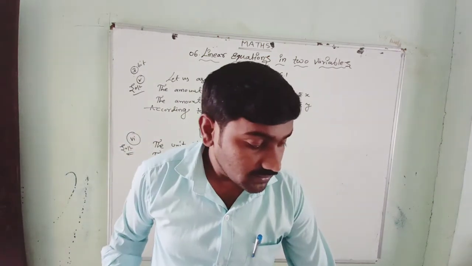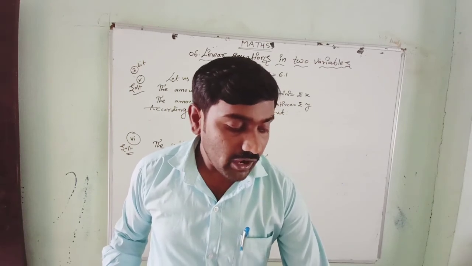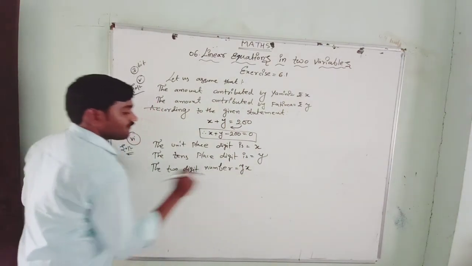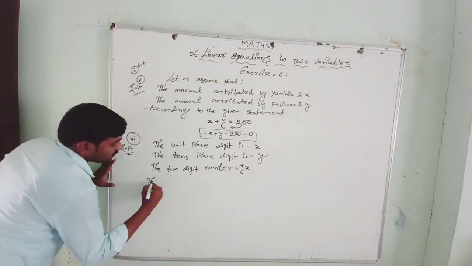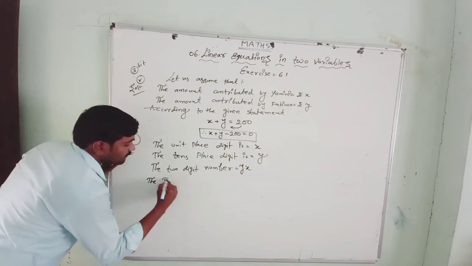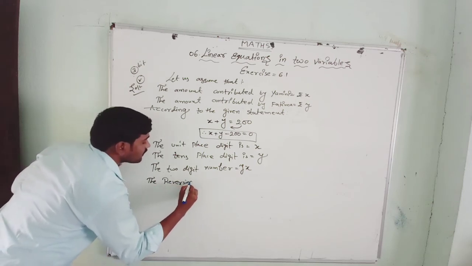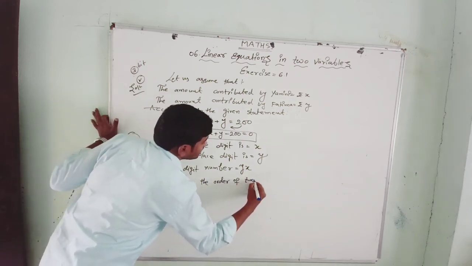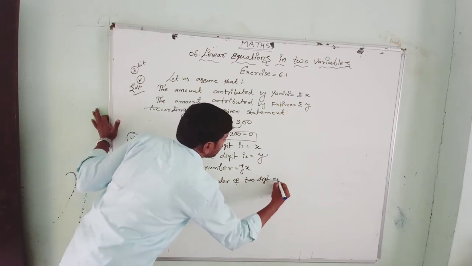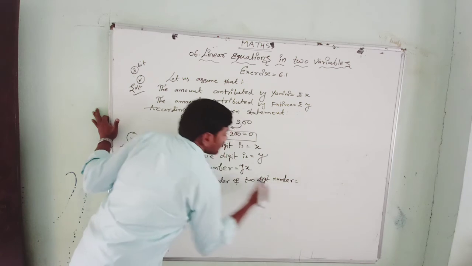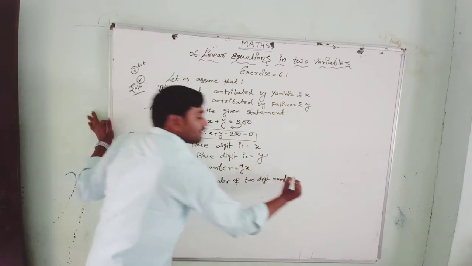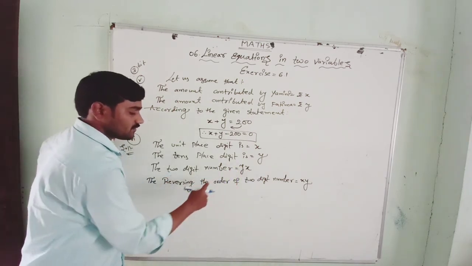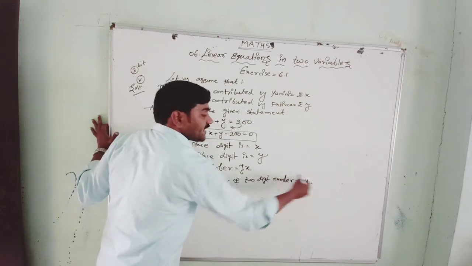He said the sum of the two digit number and the number obtained by reversing the order of these two digits. Reversing the order of the two digit number, yx becomes xy. The two digit number is yx. Reversing this order we get xy.